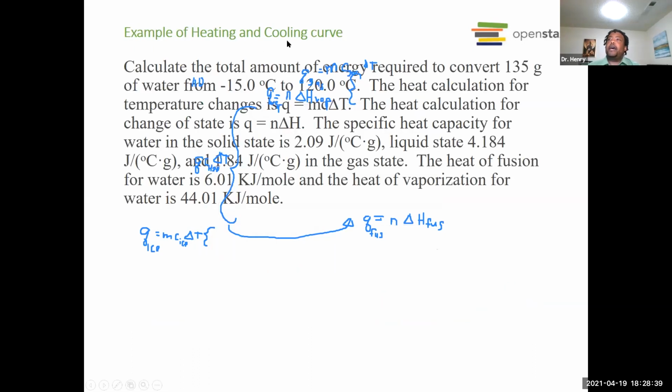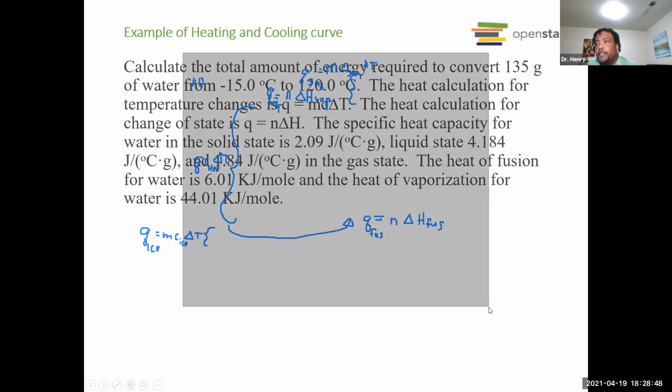Okay, knowing that, how would you set up this problem? All this stuff.